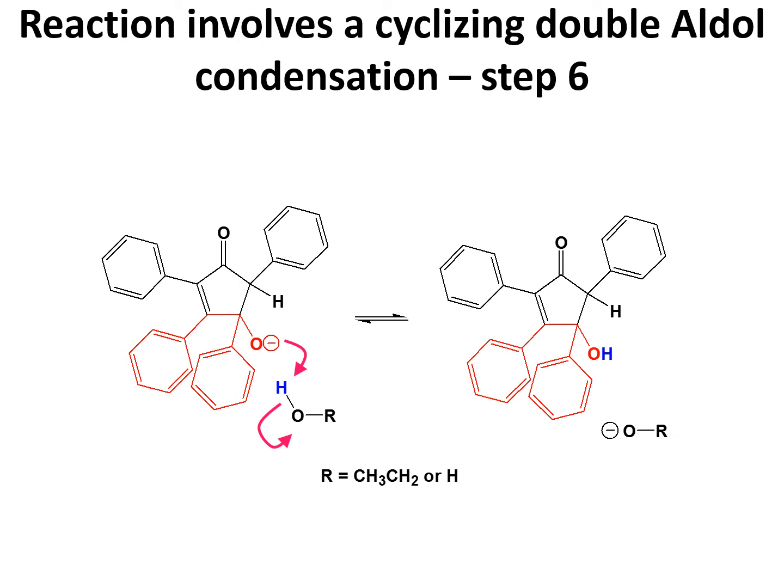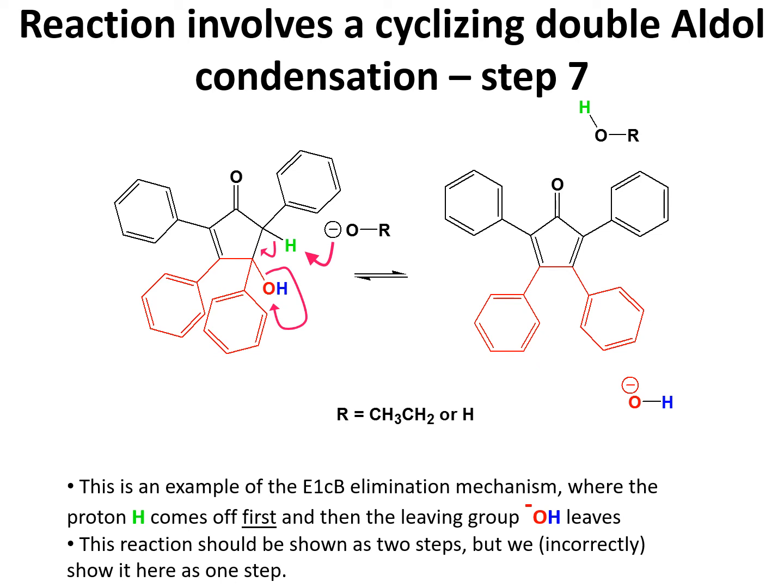Yet again, it's protonated by the solvent, and then another elimination reaction by an anion in the solvent produces this two double bond species, a five-member ring.